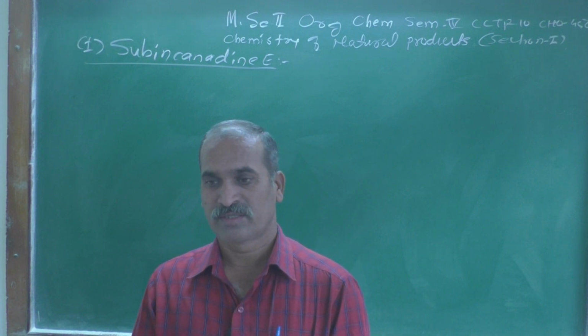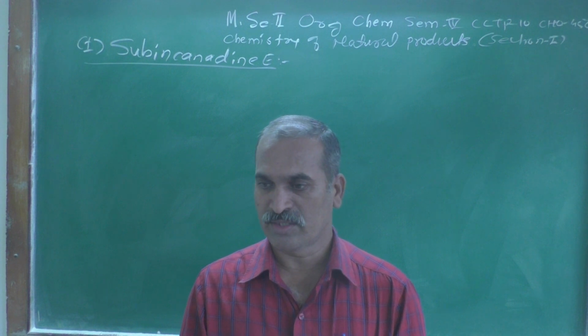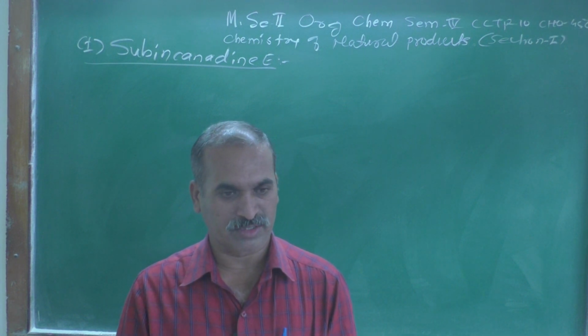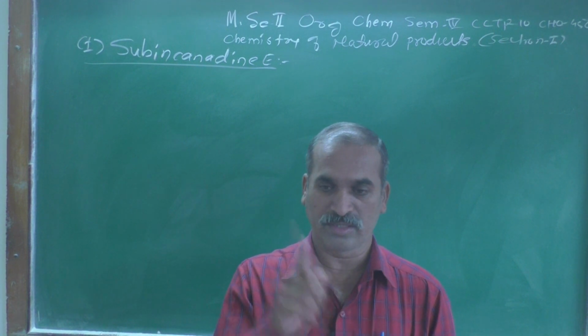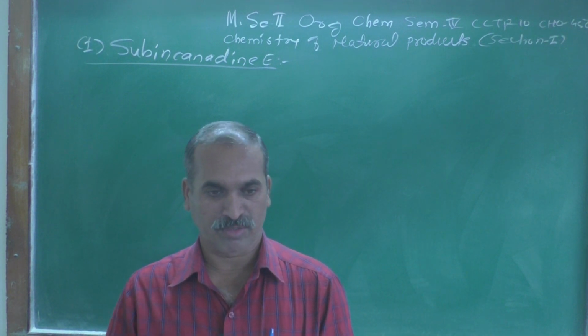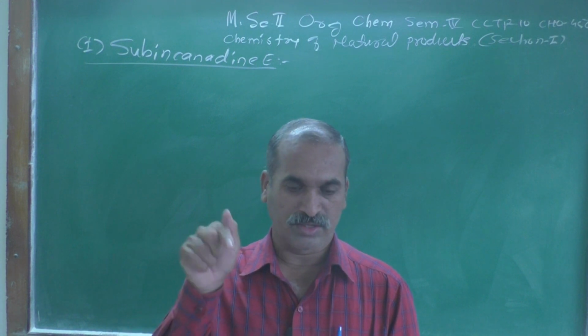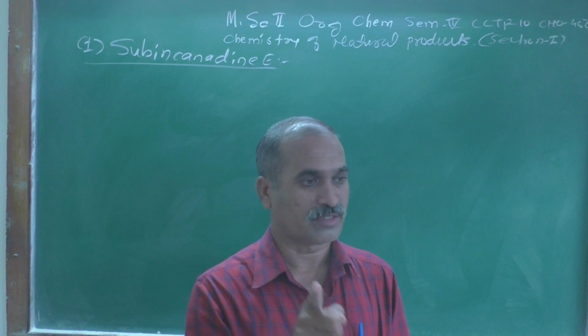If it is at the top or the bottom, then there is no change in the configuration, it remains as it is. But if it is present horizontally, then the configuration should be inverted, inversion of configuration. Suppose the motion is clockwise, then your configuration must be the S configuration.